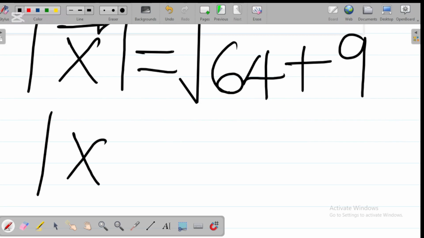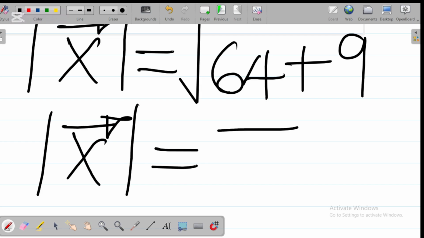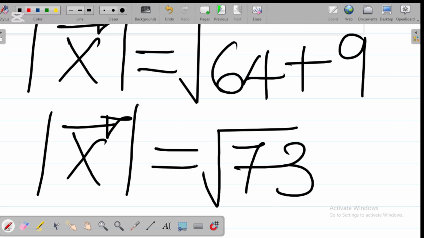So therefore, the magnitude of vector x is equal to square root of 73.